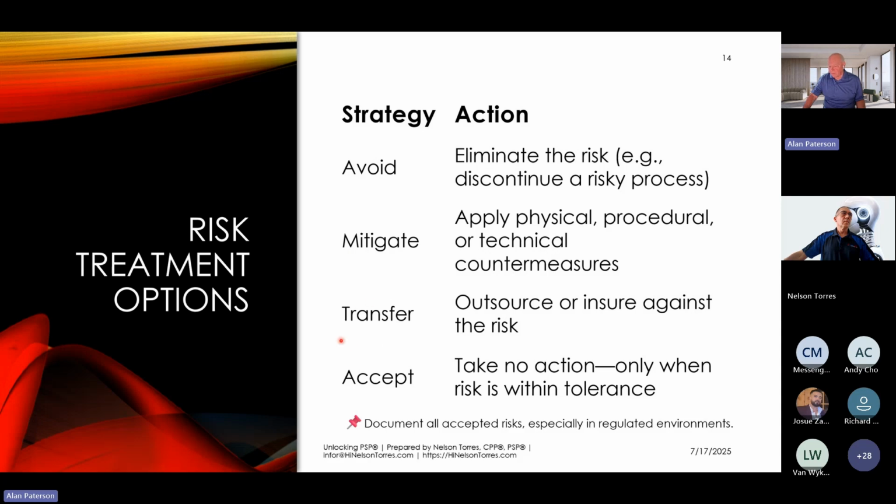And if you remember this, you'll be good. So number one is to avoid: risk avoidance. Don't take the risk, no unnecessary risks. If it's a risk, don't take it. If it's a mitigation strategy, then you would apply physical, procedural, or technical countermeasures.